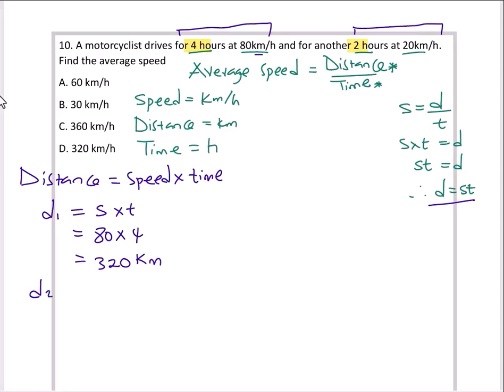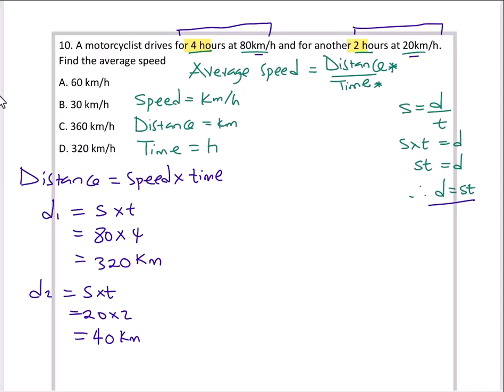Then d2, the second time, is still s times t, which is 20 times 2, and that's 40 kilometer. Now we've solved for the distance.